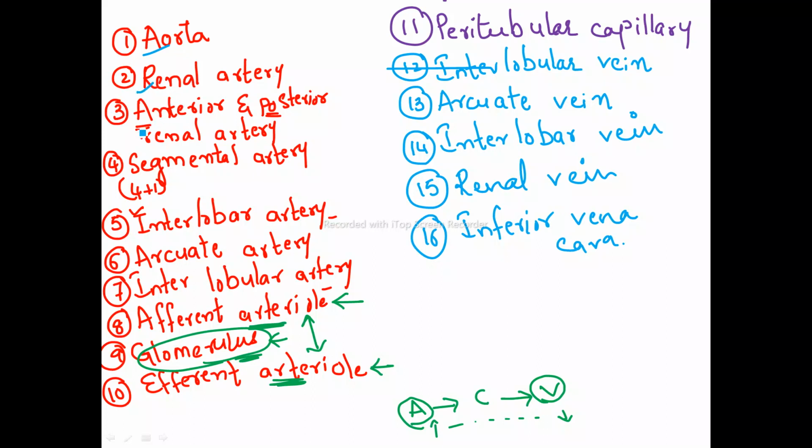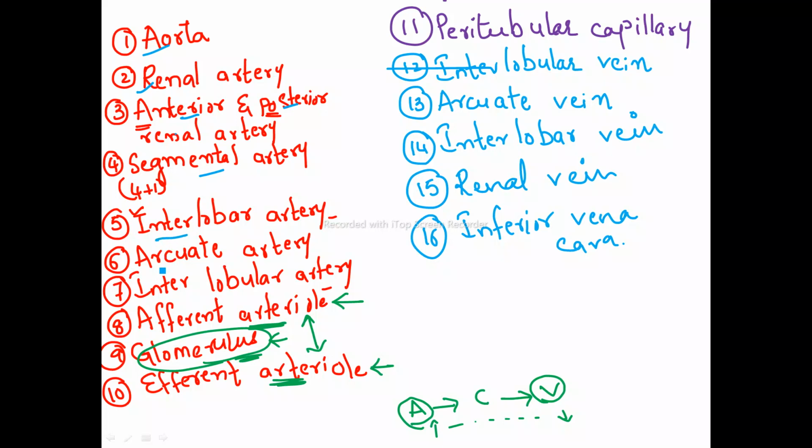This renal artery then divides into anterior and posterior renal artery. Anterior renal artery will then divide into 4 segments and posterior into 1 segment to produce segmental arteries. Next, these segmental arteries will be moving all the way throughout the renal columns, which we call interlobar artery.